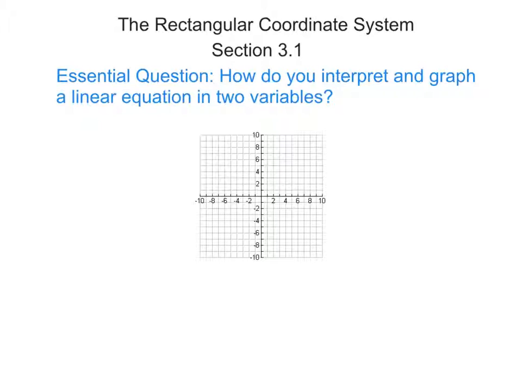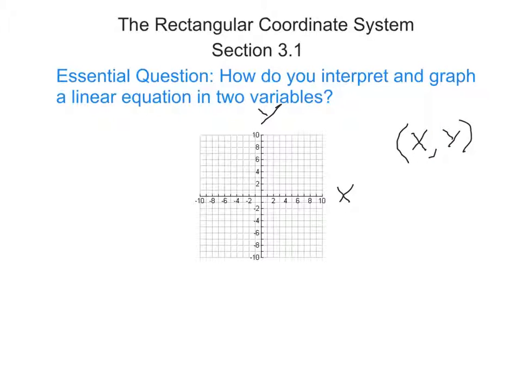Now, the rectangular coordinate system looks something like this. The horizontal axis is the x-axis, and the vertical axis is the y-axis. So we can plot an infinite number of points or ordered pairs on this type of graph. When we have an ordered pair, we write it between two parentheses with the x value first and then the y value second.